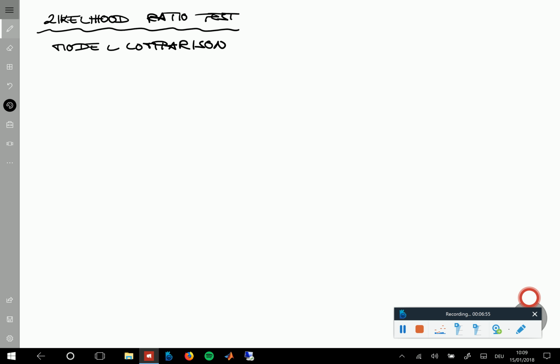On their own, they are not that interesting. If you have two probabilistic models, then you can compare them based on what is known as a likelihood ratio test. So what does that mean?